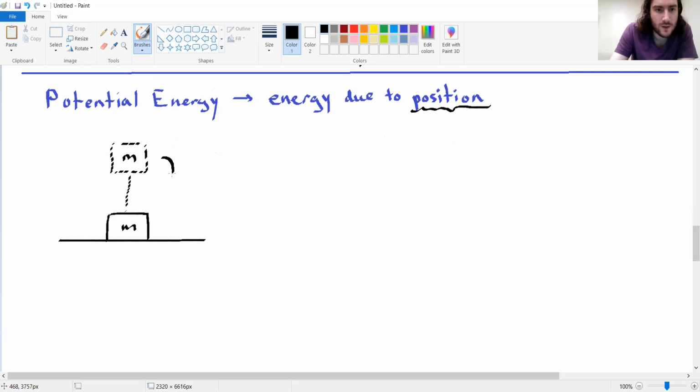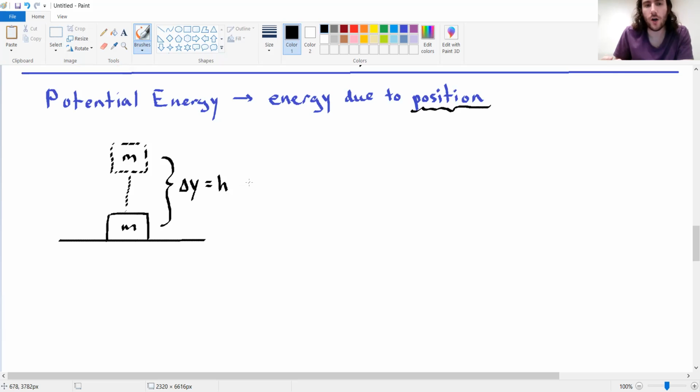Now the displacement, instead of delta x, I'll write as delta y. Or we could think of delta y as the height that this mass is above the ground.